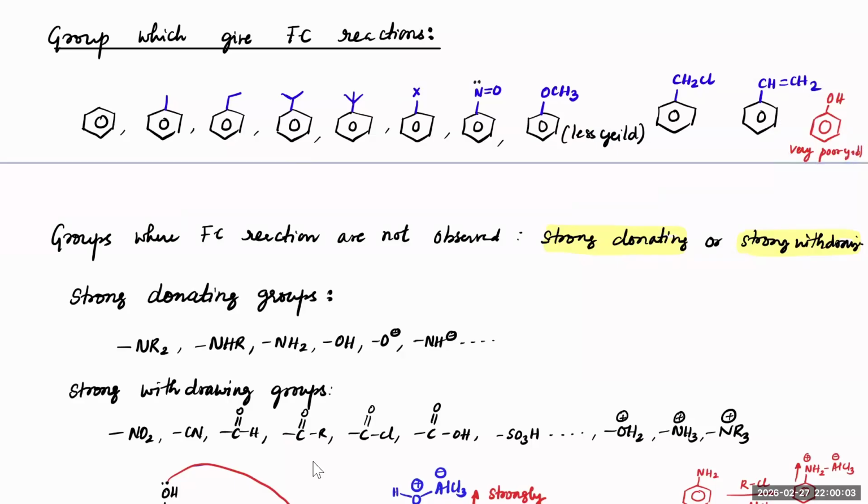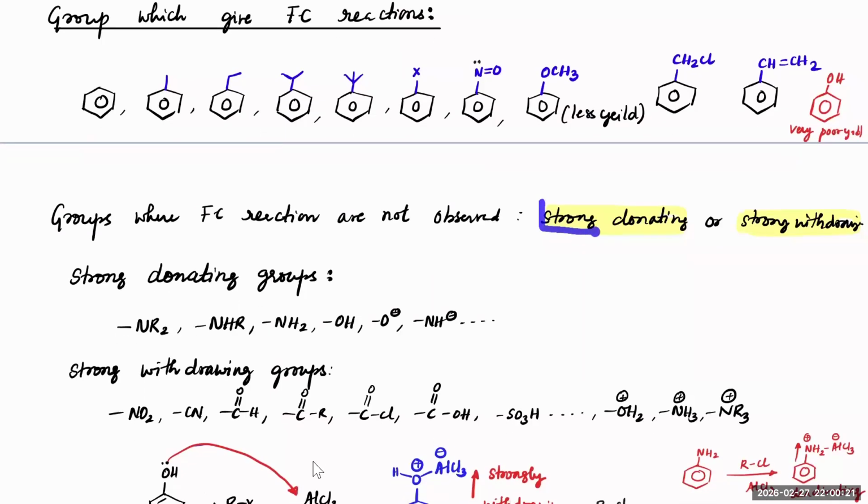Now, this is a little strange to understand because this is a very strongly donating group, yet it is not facilitating the Friedel-Crafts reaction. Which means the groups where Friedel-Crafts reactions are not observed are either very strongly donating or very strongly withdrawing. They should not be too strongly donating, and they should not be too strongly withdrawing either.